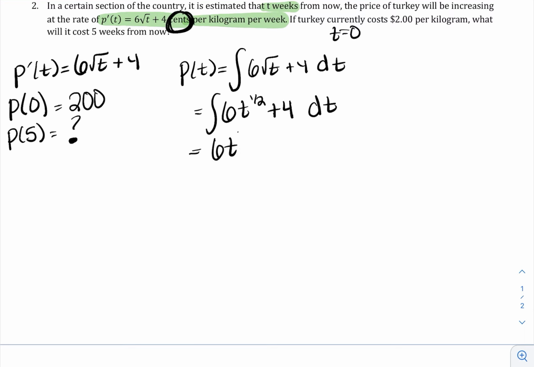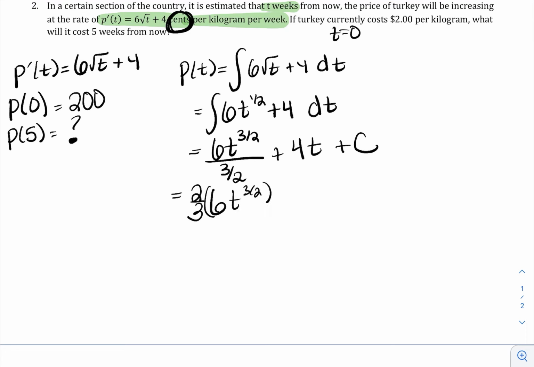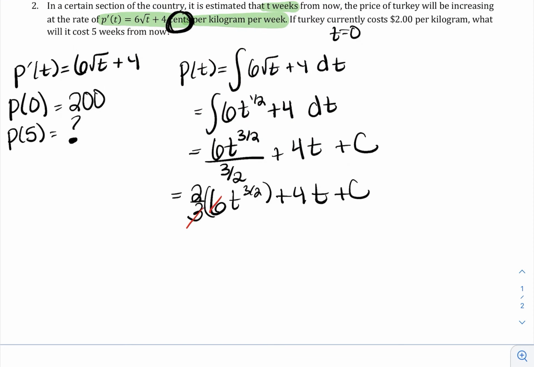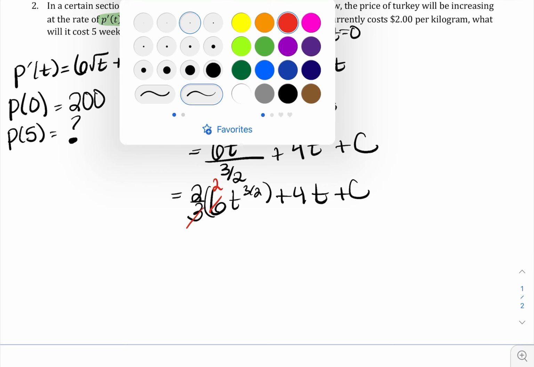So 1/2 plus 1 is 3/2. I divide by this new power, plus 4 times t plus c. So instead of dividing by 3/2, I will multiply by 2/3. 6t to the 3/2 plus 4t plus c. This 3 cancels out with the 3 and the 6 and leaves me with a 2.